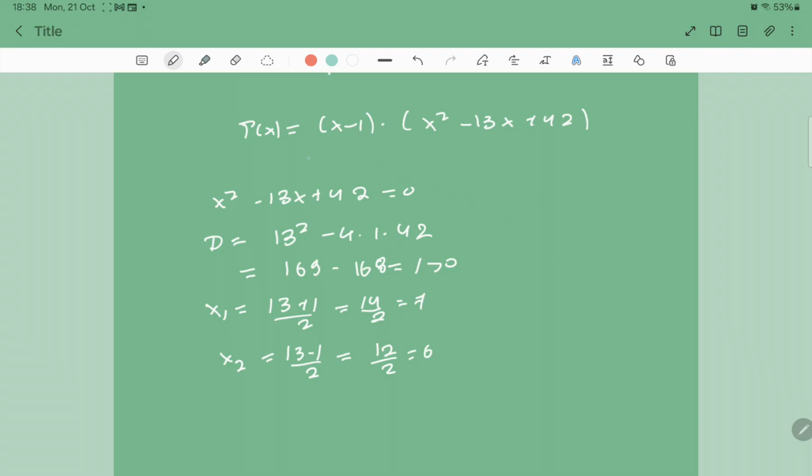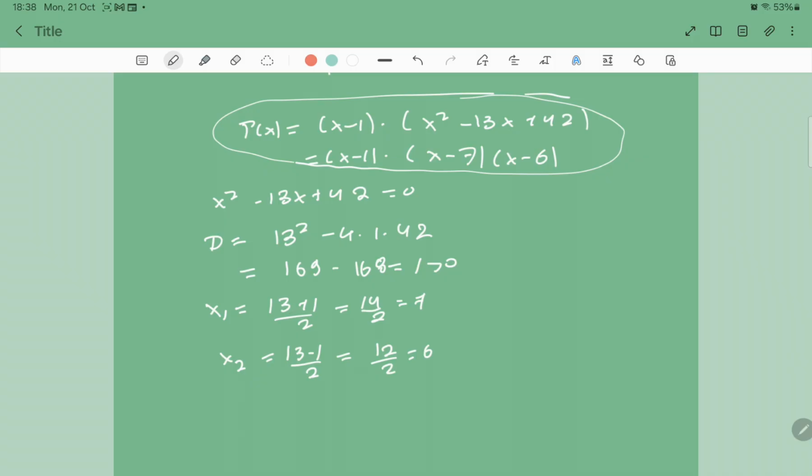So this polynomial can be written as x minus 1 times x minus 7 times x minus 6. So here I have my factorization.